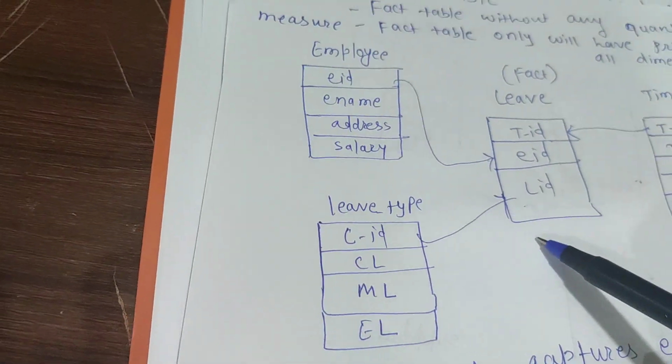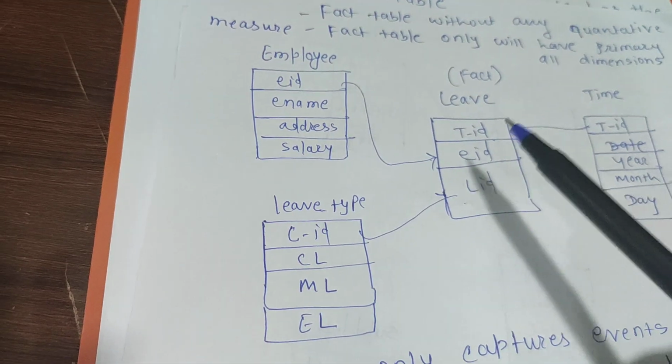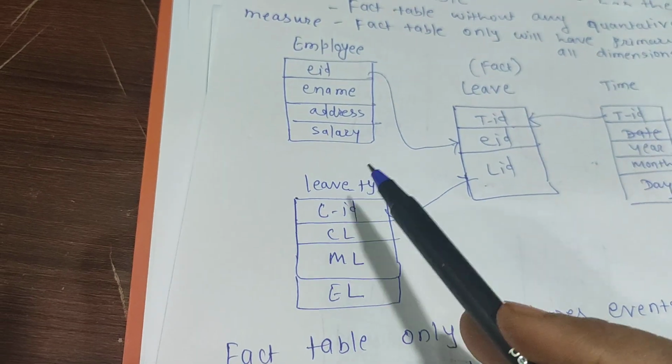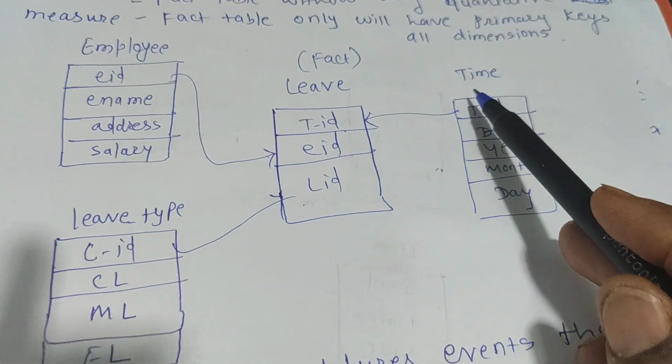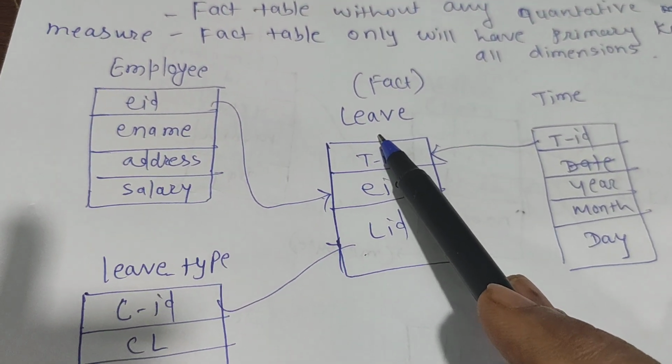If you observe, this star schema is related to leaves of the employees. So here we have the employee dimension, here we have the leave type dimension, and here one more dimension we have as time. Now leave is my fact table.